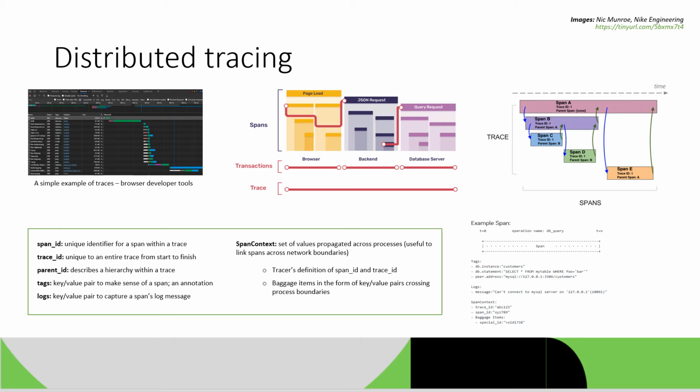Now, with each span, it would have its own unique ID. Okay? So that's how you identify a span. However, one thing to note is the span ID is unique within a particular trace. Okay. Now you have trace IDs, and trace IDs are unique across different traces, right? However, a span is unique to a single trace only.